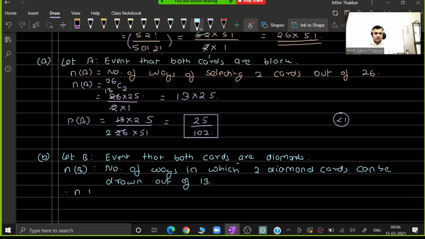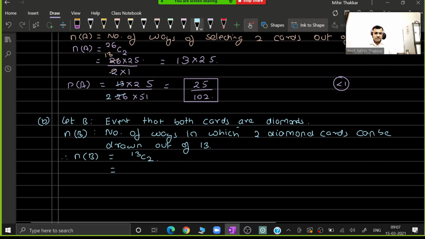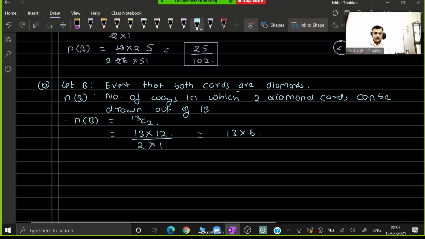So I will get over here n of B comes out to be equal to 13C2. So on solving this, it will be 13 into 12 divided by 2 into 1, giving me 13 into 6. Let me leave it as it is, and then I will decide whether what elements are getting cancelled off.